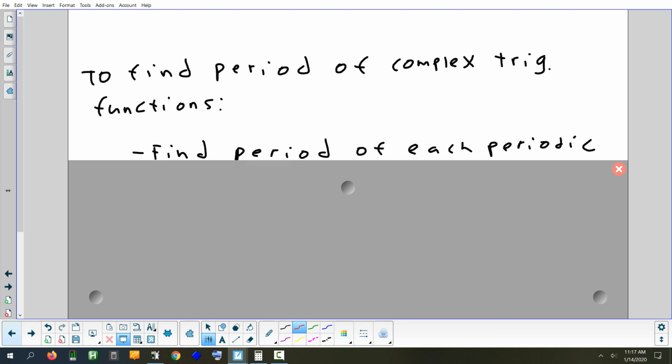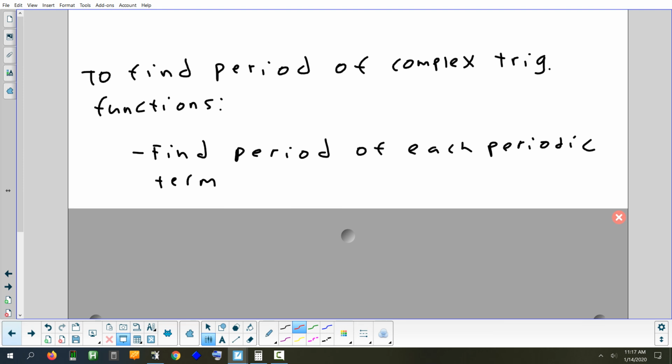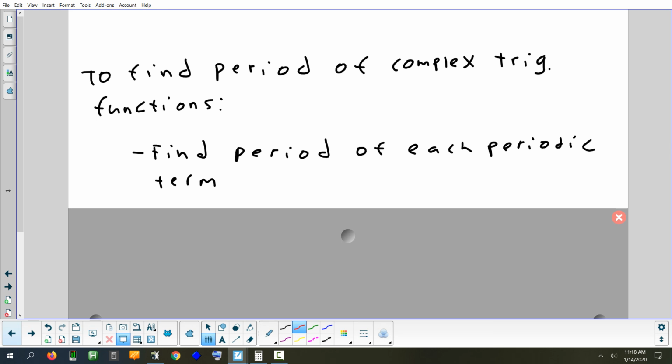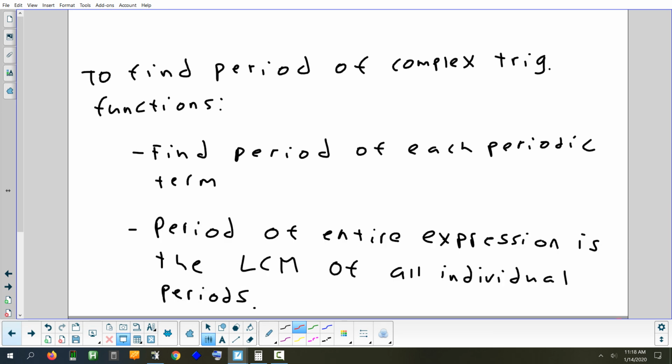Well, it starts with finding the period of each individual term. Okay? So like in this problem, find the period of cosine squared, which I'm going to show you how to do, and then find the period of sine. Okay? Find them separately. And then the period of the whole thing is the least common multiple of the individual periods.